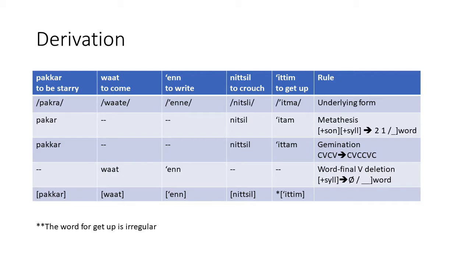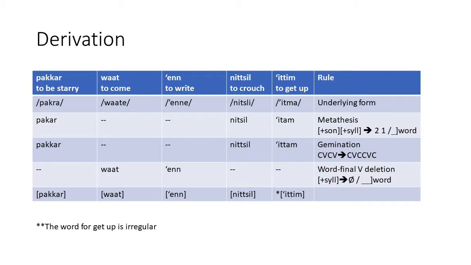You double the K. So now it becomes pakkar instead of pakar. I don't even know how to say that, because this word doesn't exist. So now we get the final form of the word. And let's check that third rule, word final vowel deletion. There is no vowel, this rule doesn't even apply. So this is how you get pakkar.